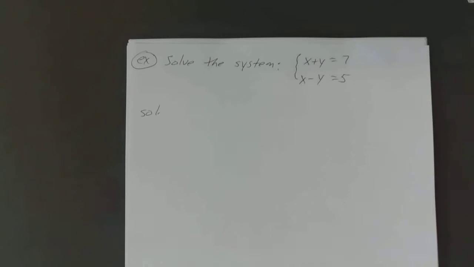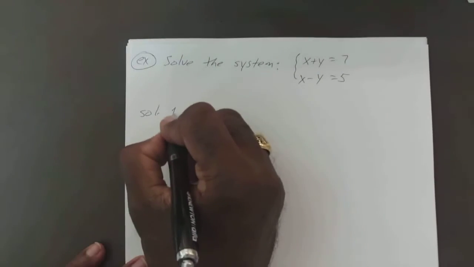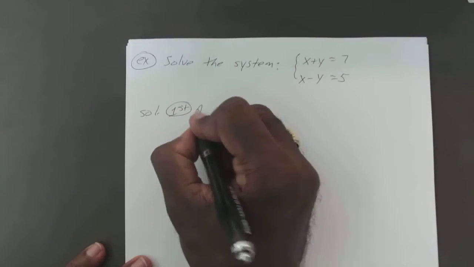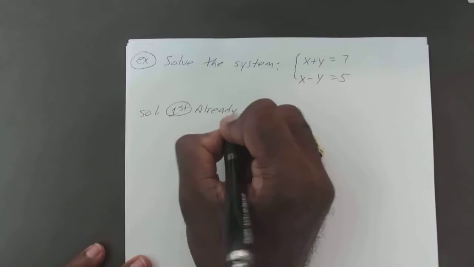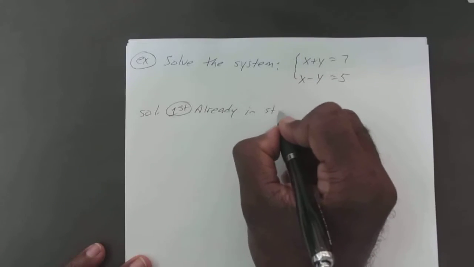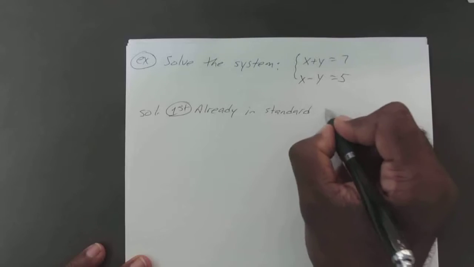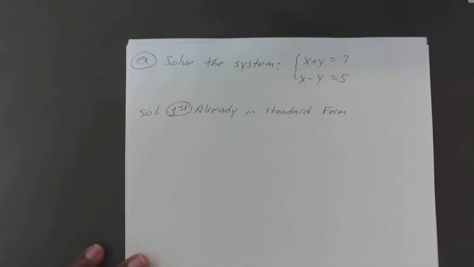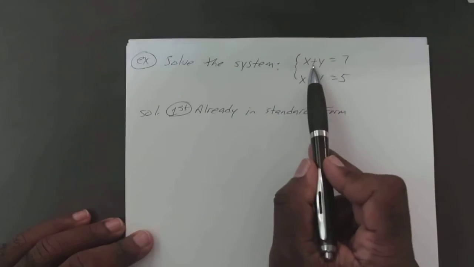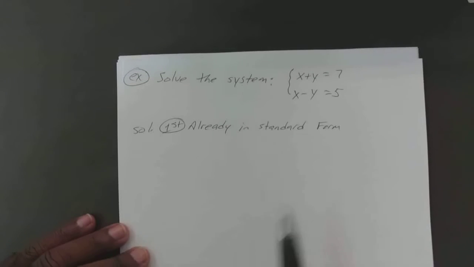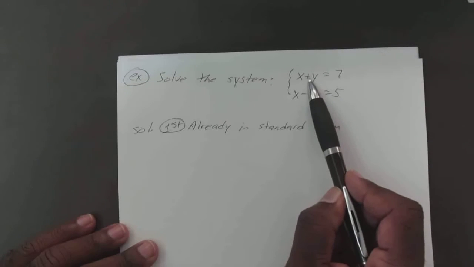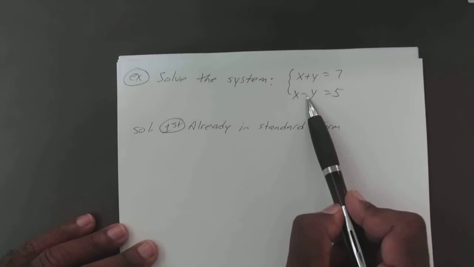All right, so your first step is to make sure that they're in standard form, all the variables on one side. The first step: already in standard form. So we don't have to worry about moving any variables over. Your second step is you don't have to multiply these by anything because you already have a positive y and a negative y.